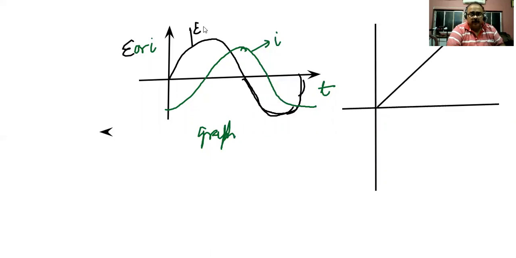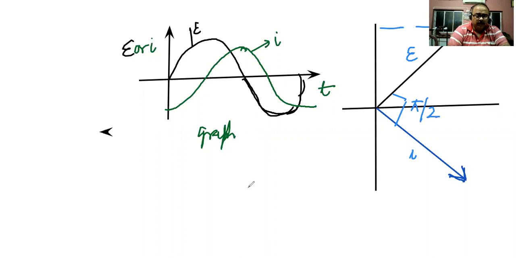So EMF and current, you can see over here, have a phase difference of pi by 2. So this is your EMF and this is your current, and they have a phase difference, as you can see, of pi by 2. This is a very important concept.